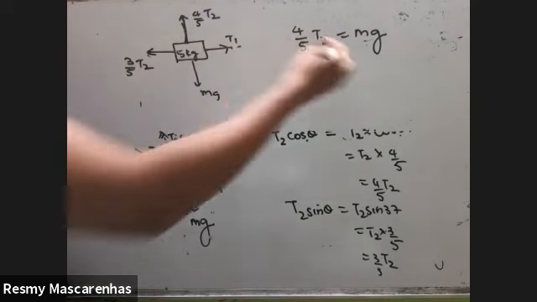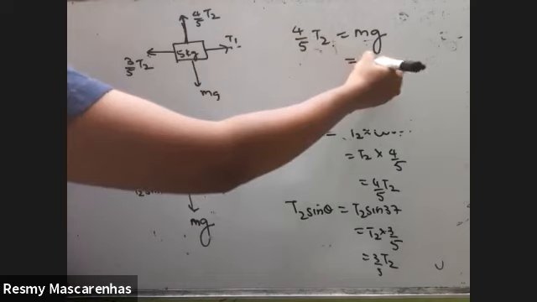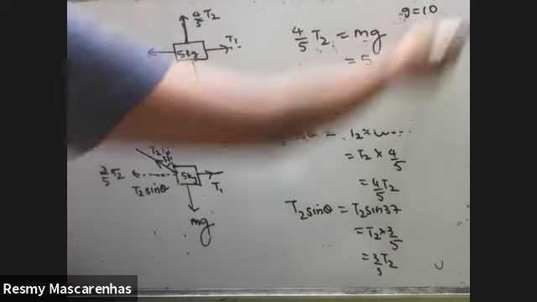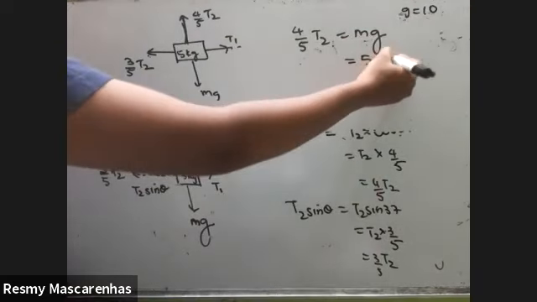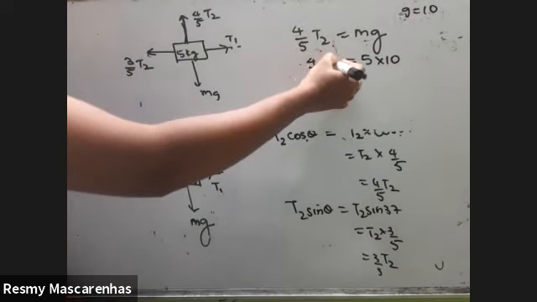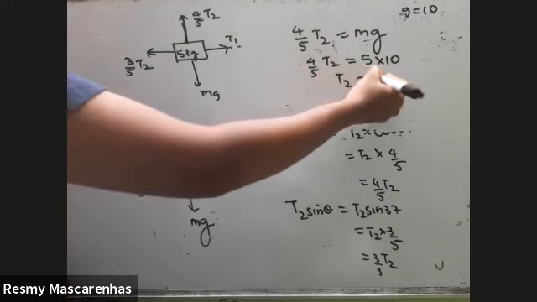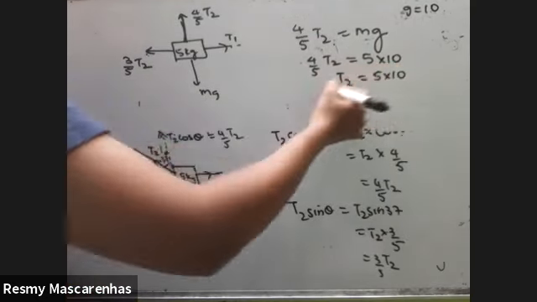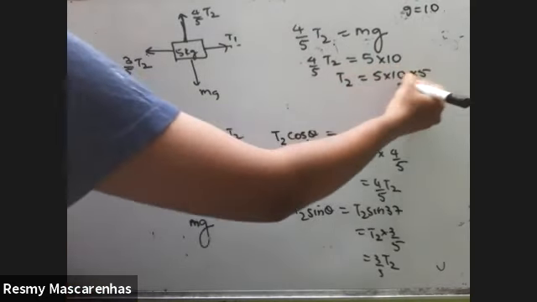Now mass is how much? 5. Consider g as 10. Take 5 that side upon 4.